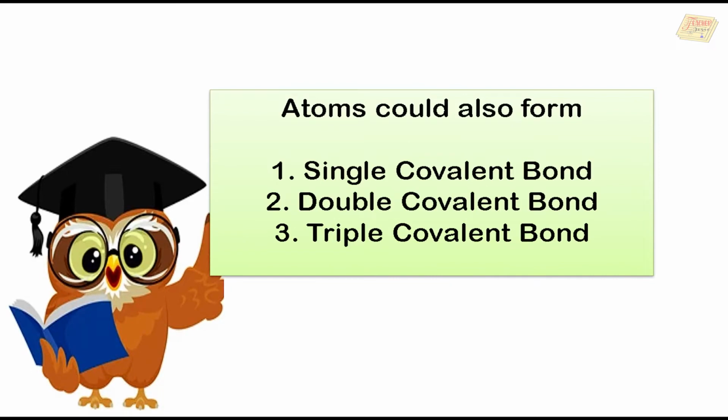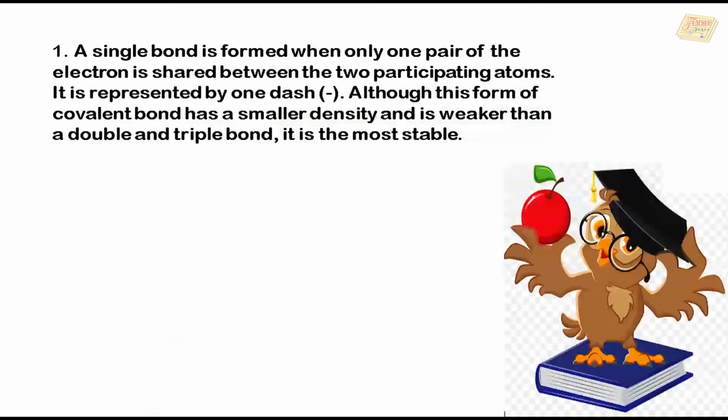Atoms could also form single covalent bond, double covalent bond, and triple covalent bond. A single bond is formed when only one pair of electrons is shared between the two participating atoms. It is represented by one dash. Although this form of covalent bond has a smaller density and is weaker than a double and triple bond, it is the most stable.